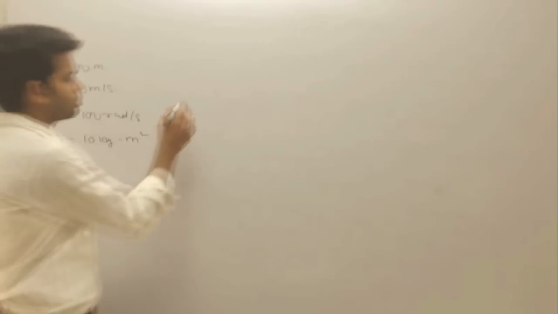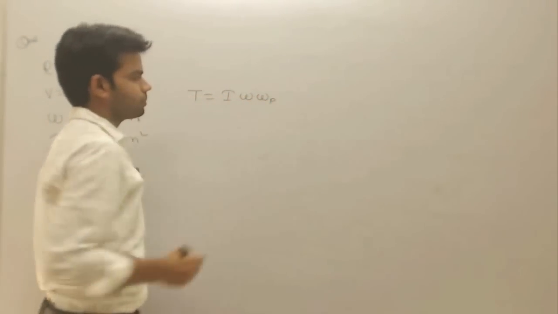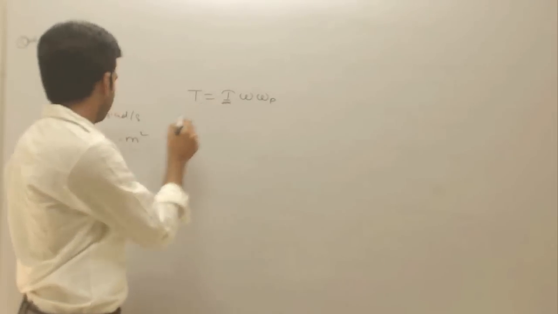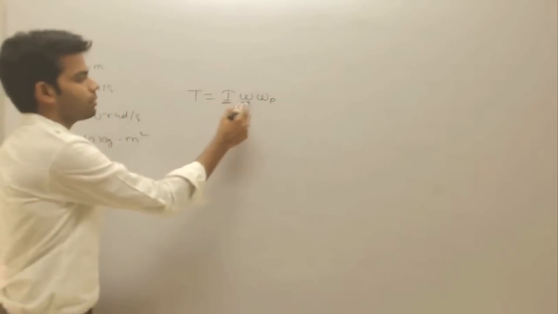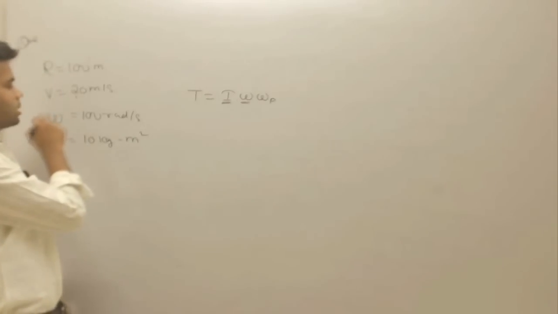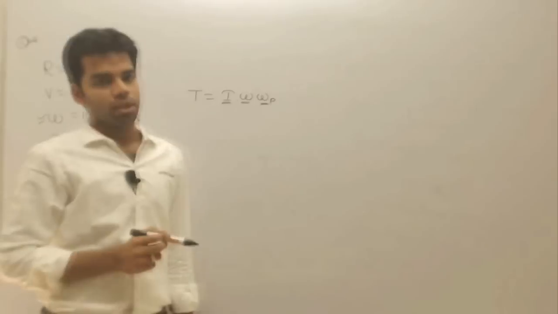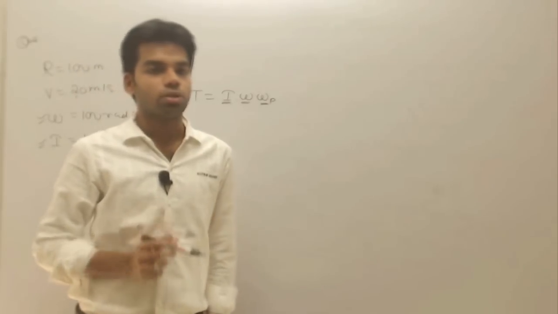We have to determine the magnitude of gyroscopic couple. As we know, T is equal to I into omega p. We have the value of I, the mass moment of inertia, and the angular speed of the engine, 100 radian per second. The only thing we have to determine is omega p, that means the angular velocity of precession.